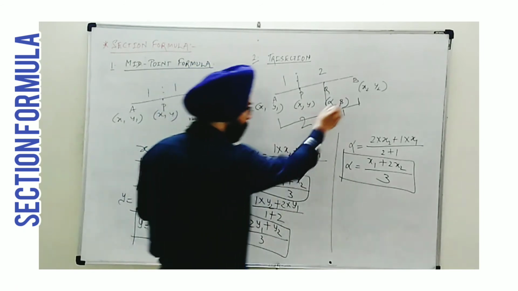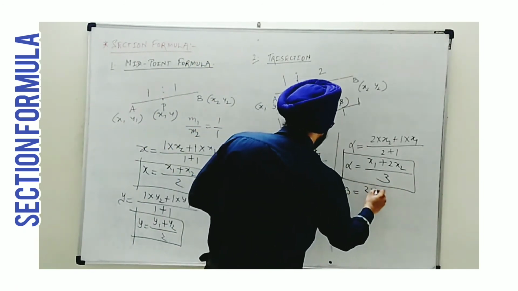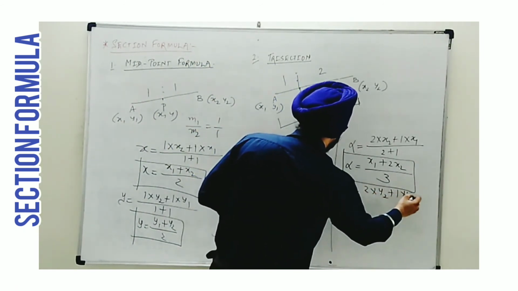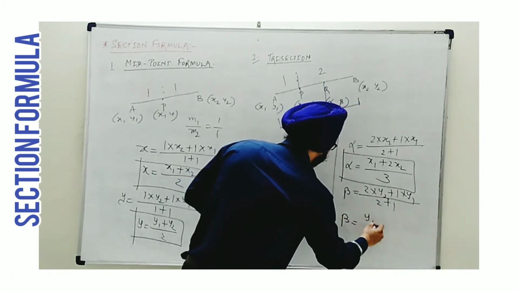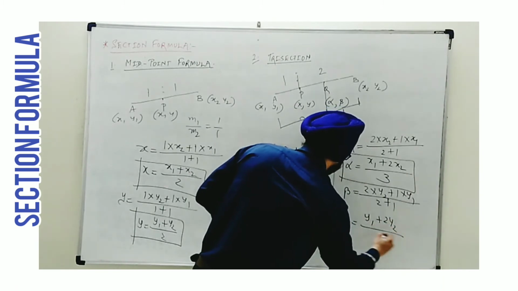And beta is 2 into y2 plus 1 into y1 upon 2 plus 1. So beta we get as (y1 plus 2y2) upon 3.